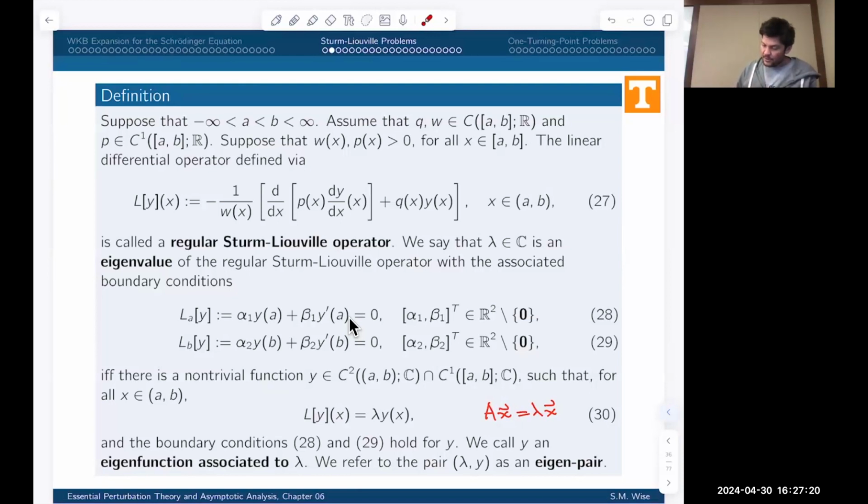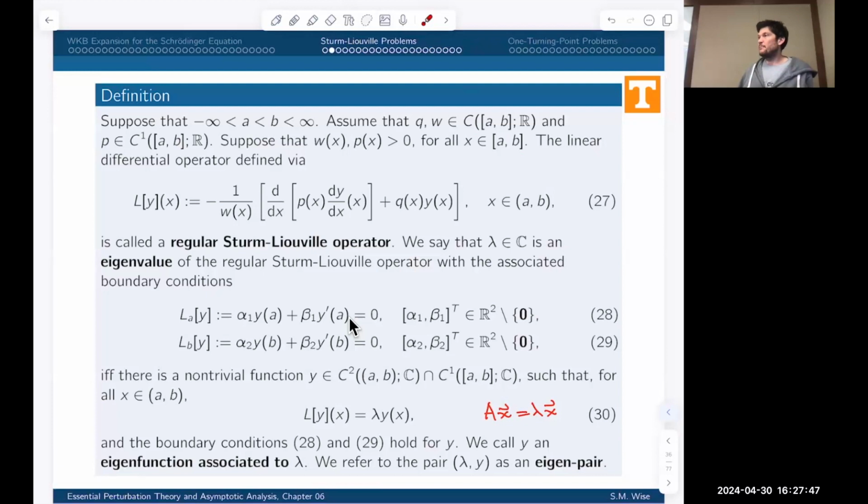We're going to assume we have functions q, w, and p. q and w are just continuous. p is a C1 function. w and p should be positive functions for all x in the domain of interest. The domain of interest here is a finite interval a to b. Now you can study Sturm-Liouville problems on infinite intervals.